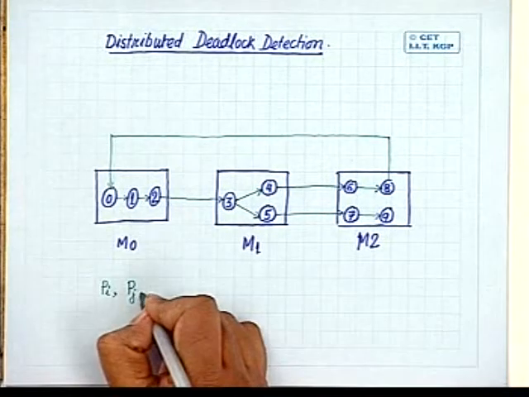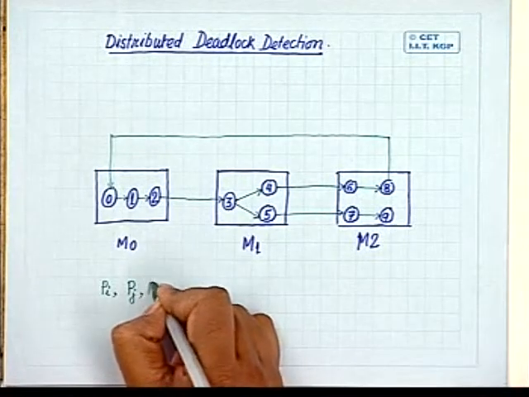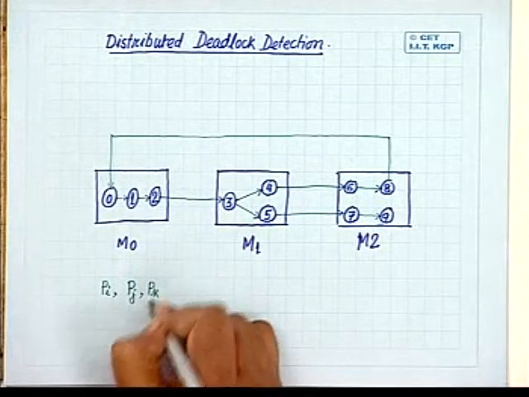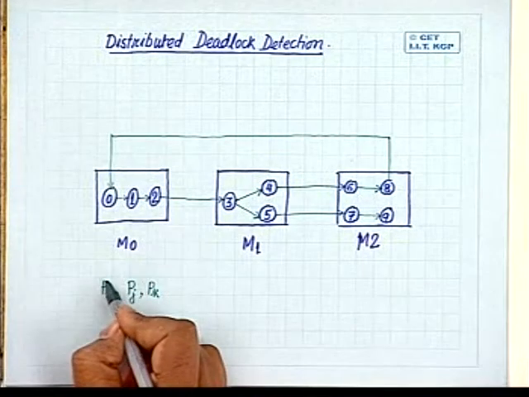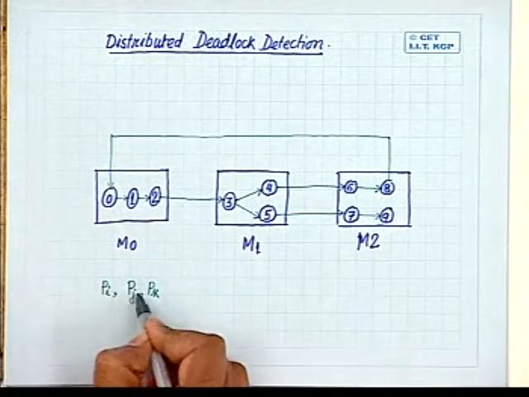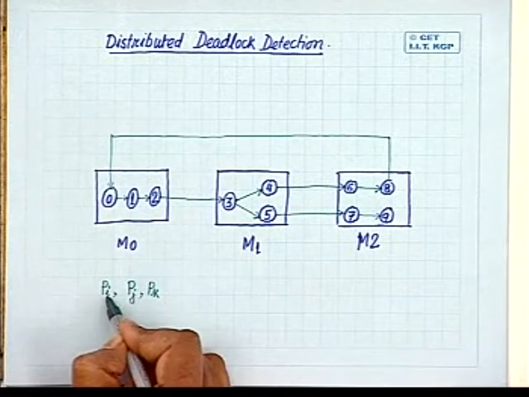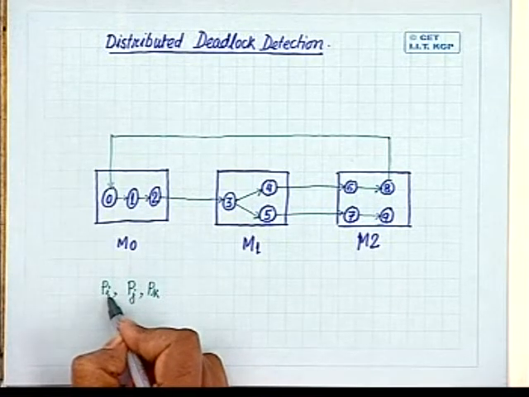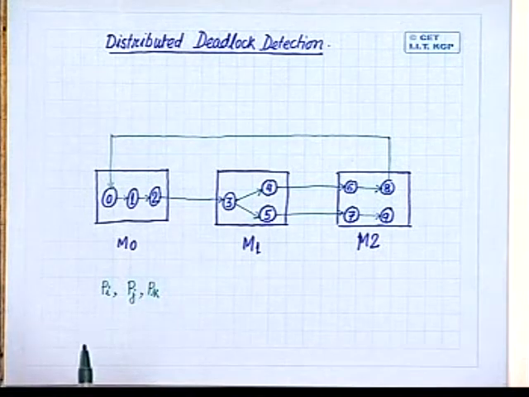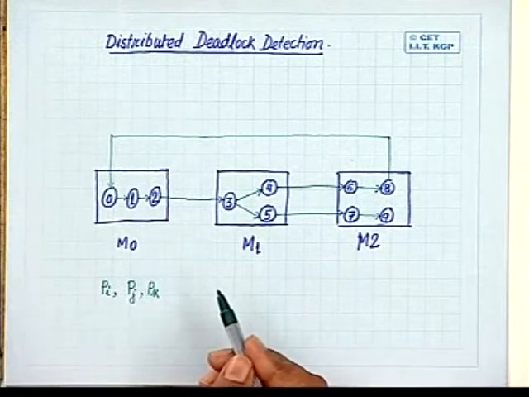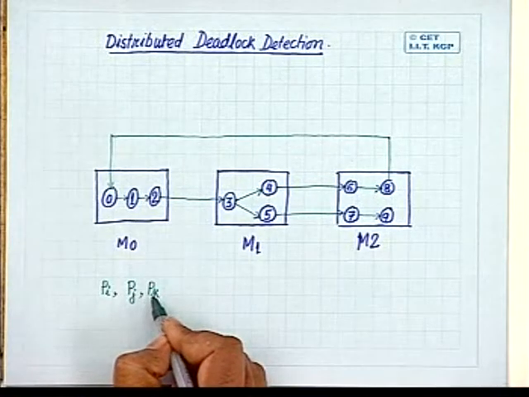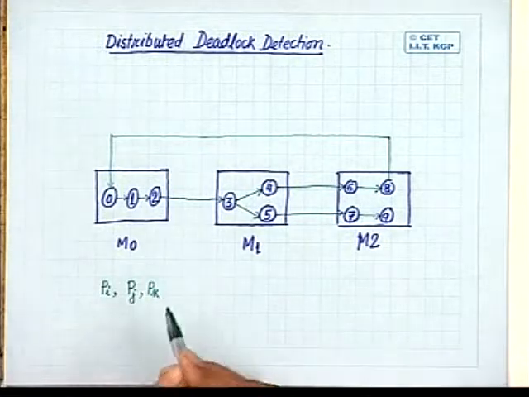And it will have another process number Pk, to which the message is to be sent. Okay. So what is this Pi? All these three are process numbers. Pi is the process number which is currently blocked, which is just blocked. Pj is the process which is generating the message, and Pk is the process identification number to which the message is being sent.